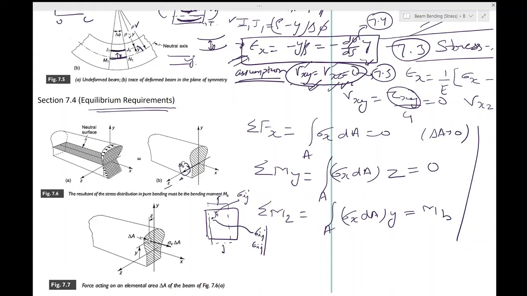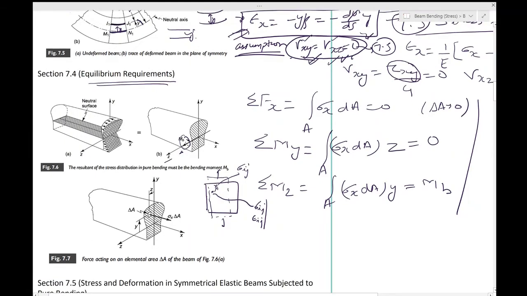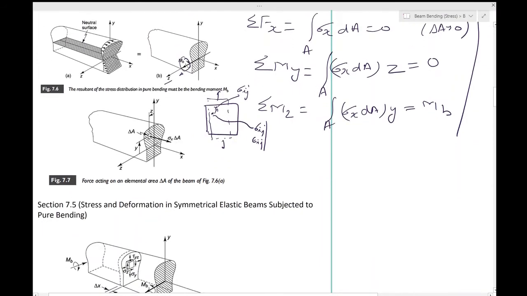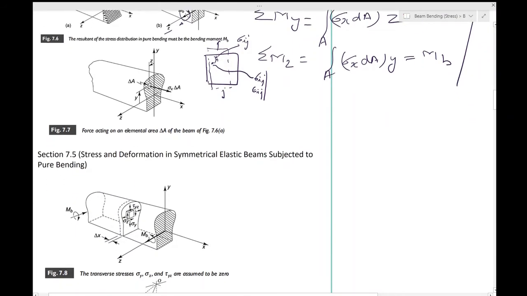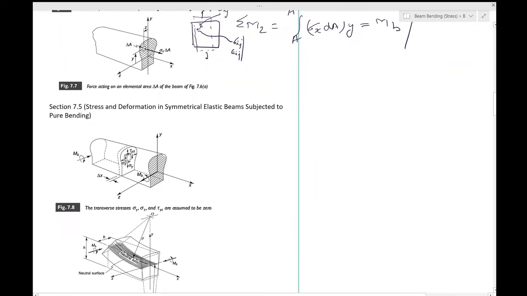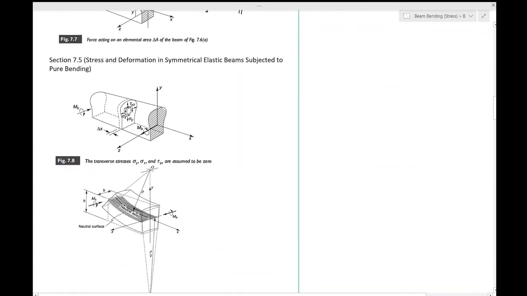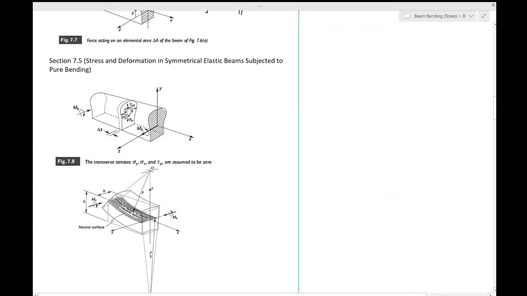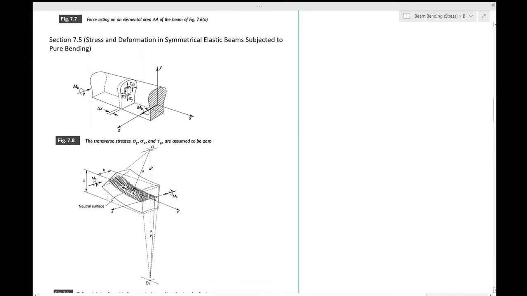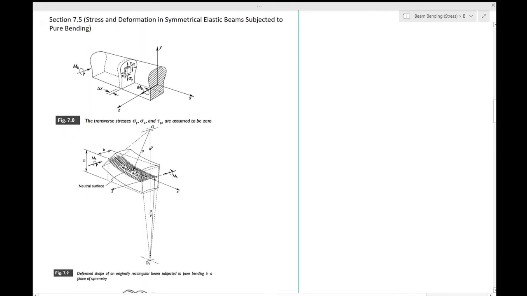So that is what we have done in section 7.4, I'm sorry. So let's now move ahead and see section 7.5, which is the stresses and deformation in symmetrical elastic beams subjected to pure bending.